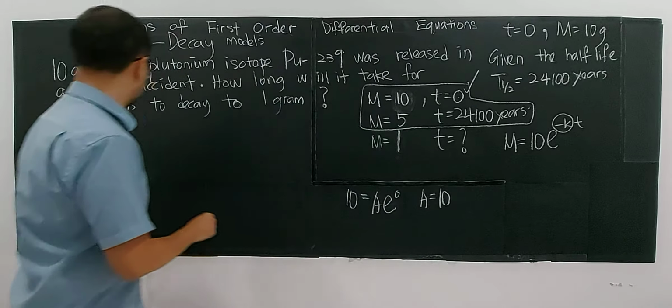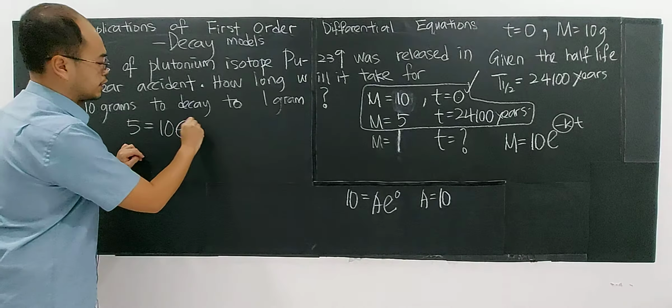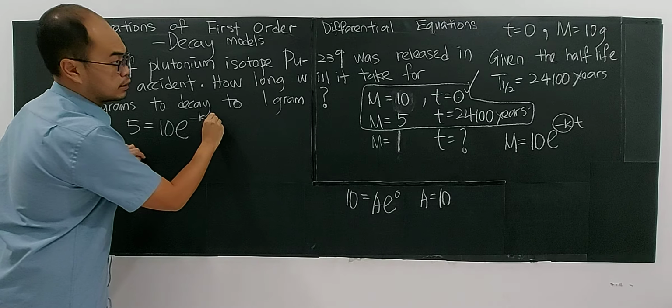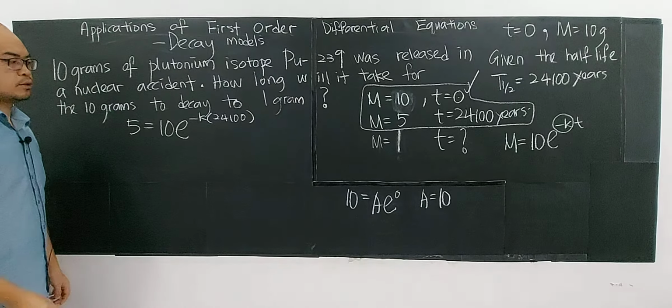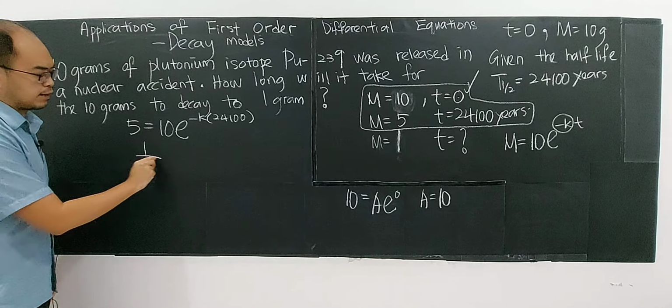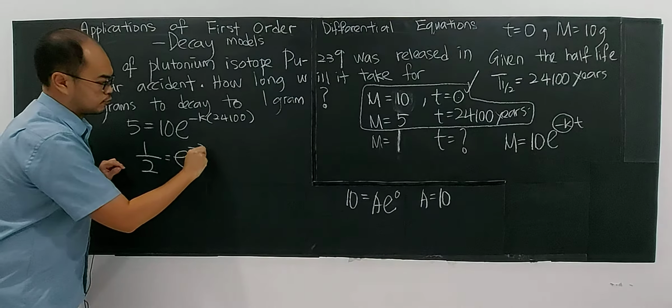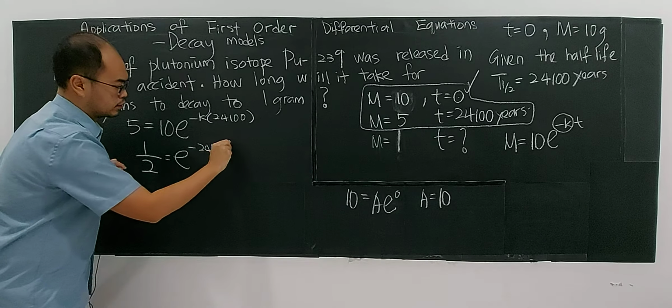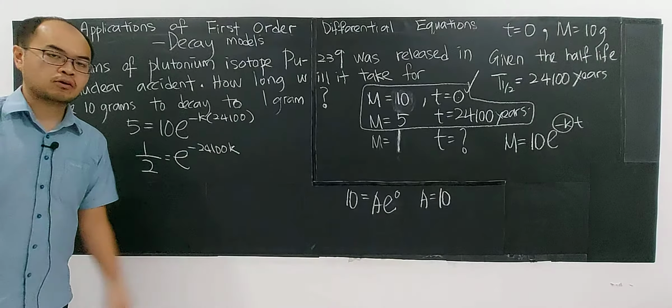As M becomes 5, 5 equals 10 exponent negative k times 24,100 years, the time. So 5 over 10 becomes a half, the half-life. Then you have to find the decay constant.